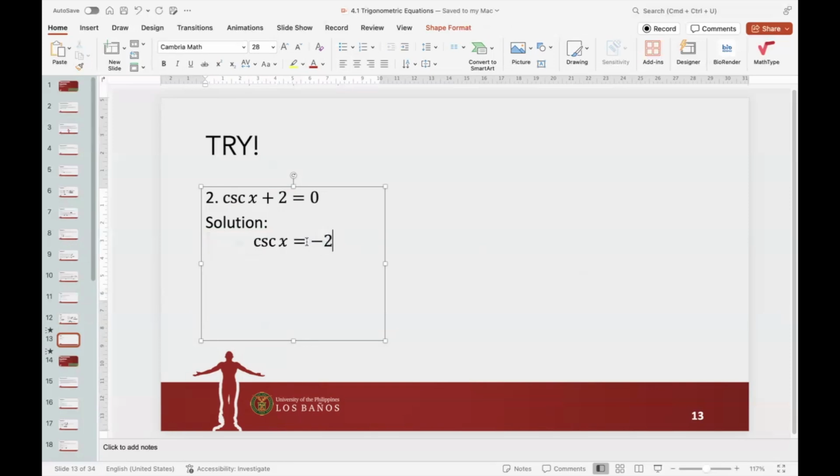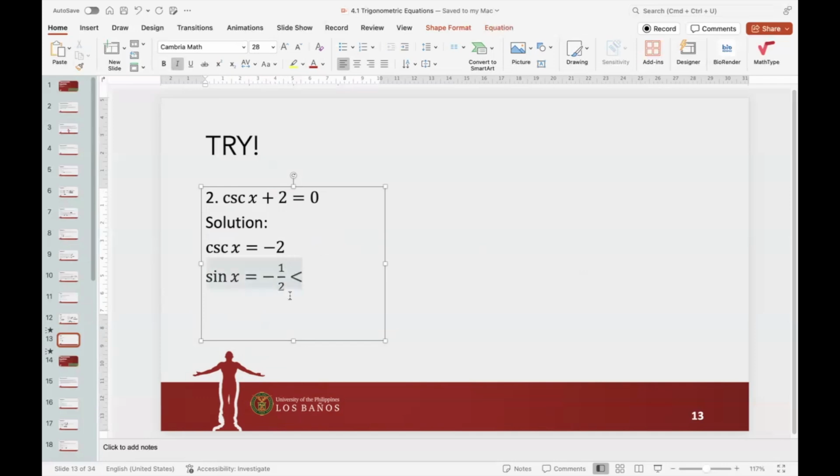However, take note, by reciprocal identity, cosecant is just the reciprocal of sine. So since we get the reciprocal of cosecant, we'll also get the reciprocal of their values. Since cosecant is equal to negative 2, then our sine x will be equal to negative 1/2.